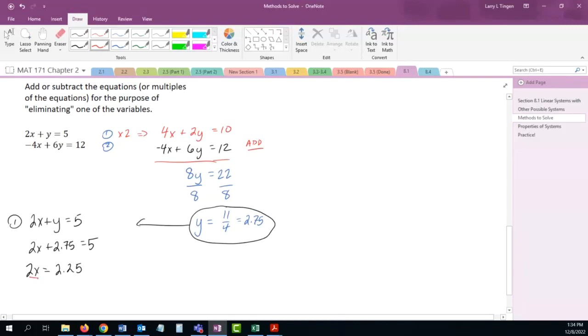And then get x by itself by dividing both sides by 2. And x is equal to 1.125. Got ahead of myself, 1.125. So that means the solution for this system is the point 1.125, comma 2.75.